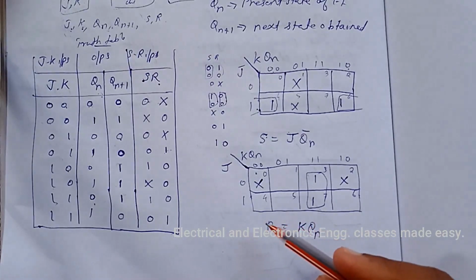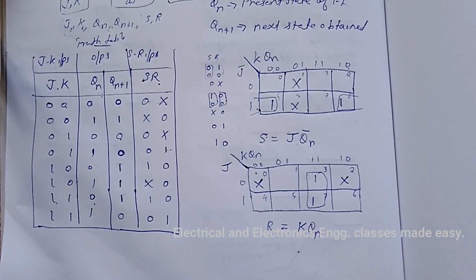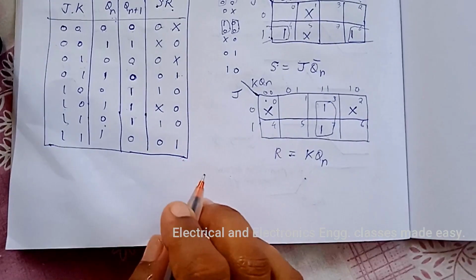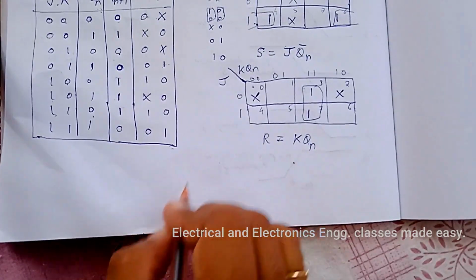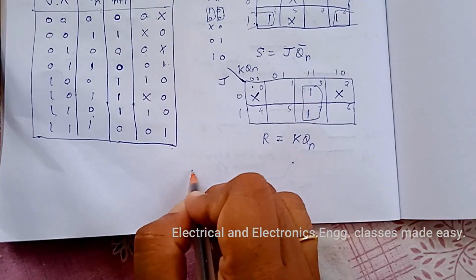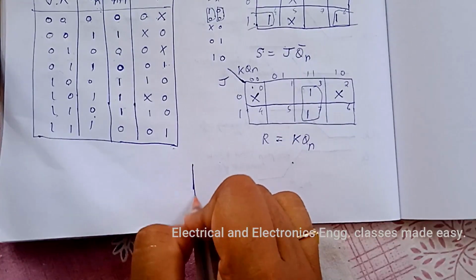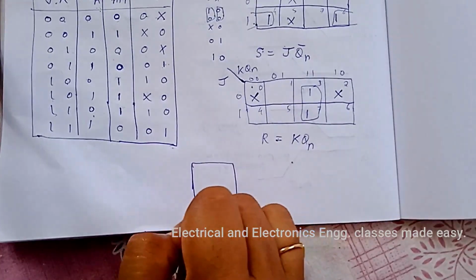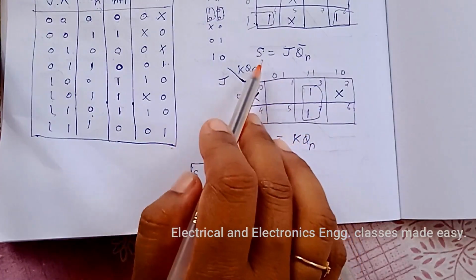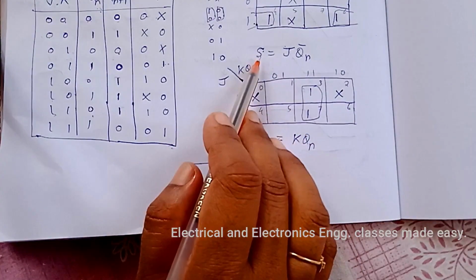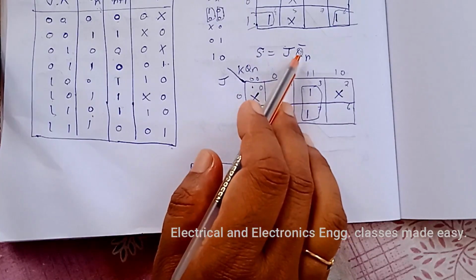is the design for R. Now we have to draw the flip-flop, that is here S and R are the actual flip-flop, SR. Then the inputs to S and R are, S is J, Qn bar.